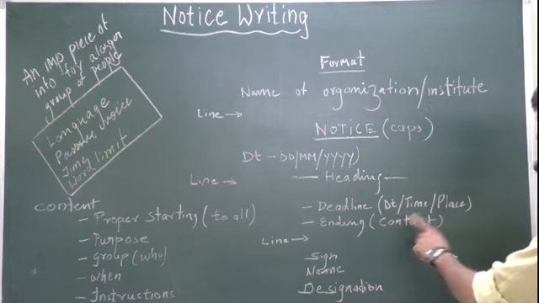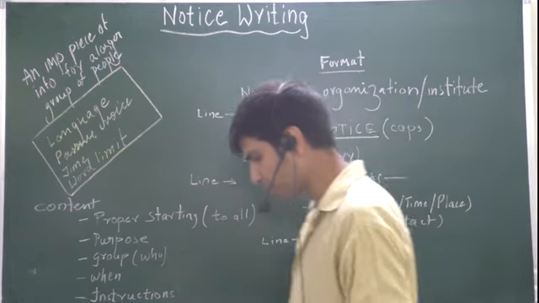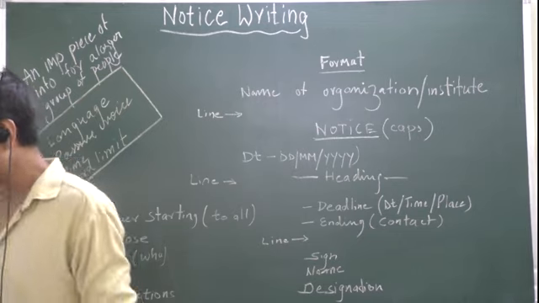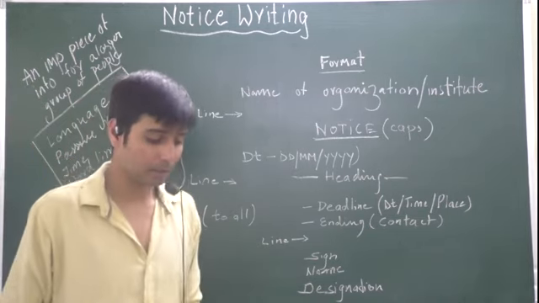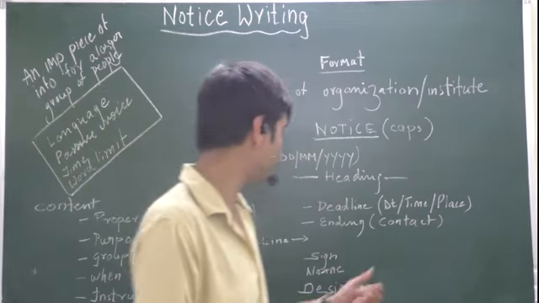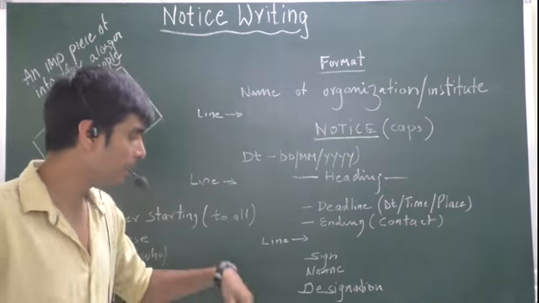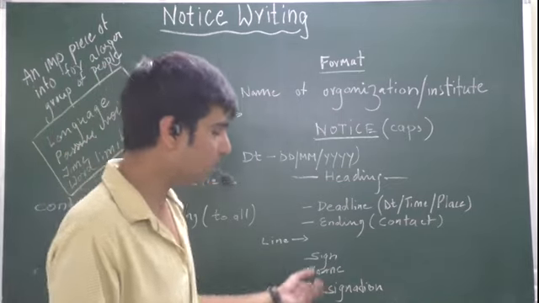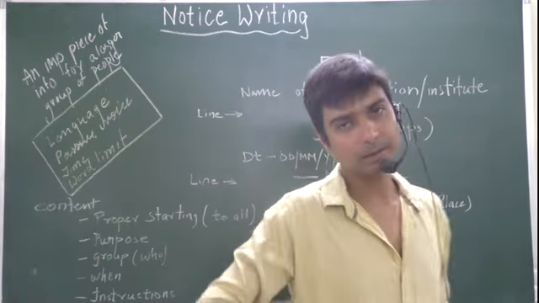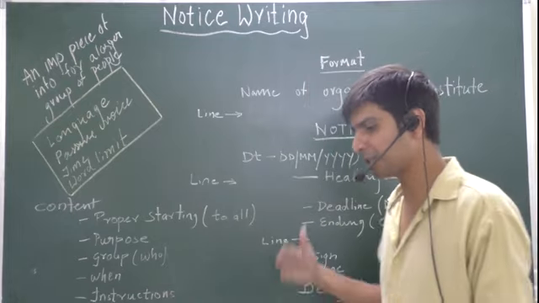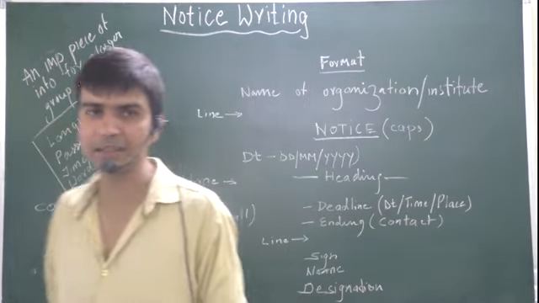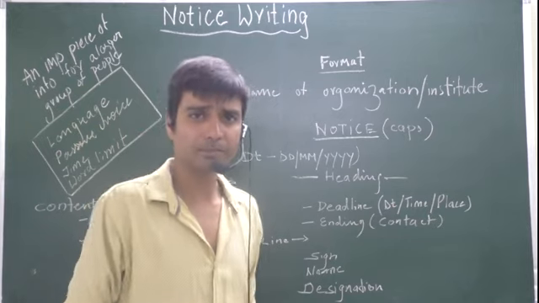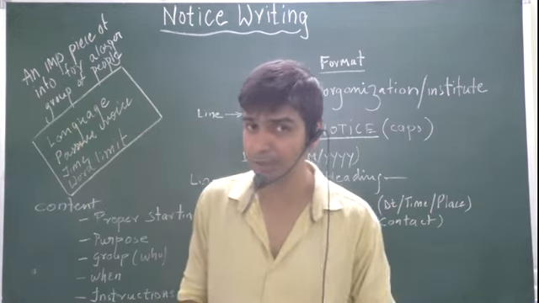You should have a proper ending to the notice, where you can provide the contact information, the person to be contacted, may it be the person who is undersigned, the name directly, or the secretary of the organization, or the principal, or the editor-in-chief, anyone in the organizing committee.